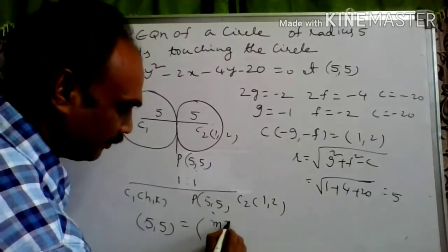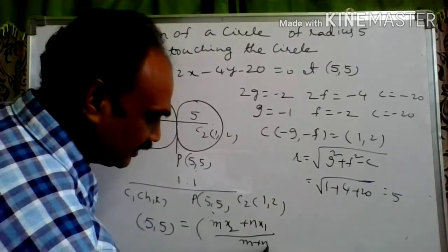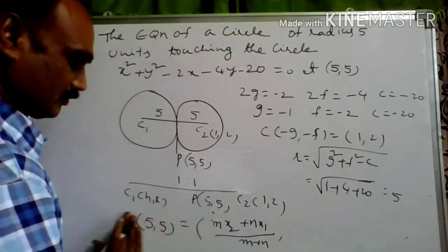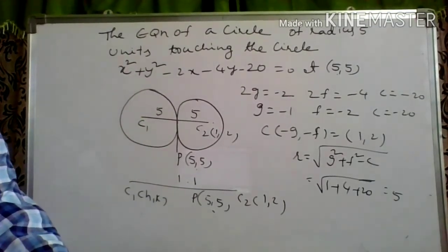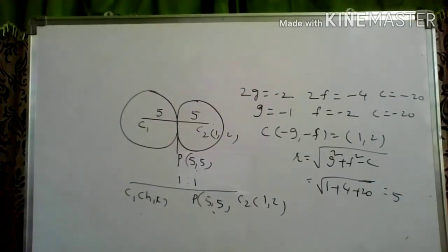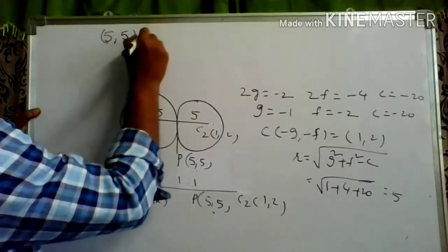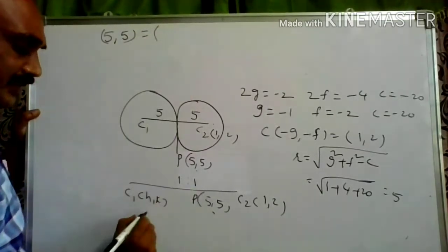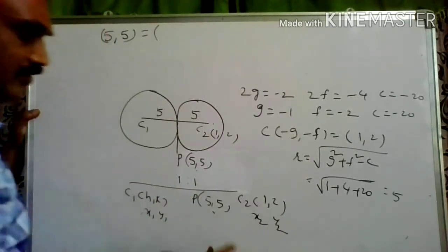Apply section formula. This is M is to N, this is X1 Y1, this is X2 Y2.